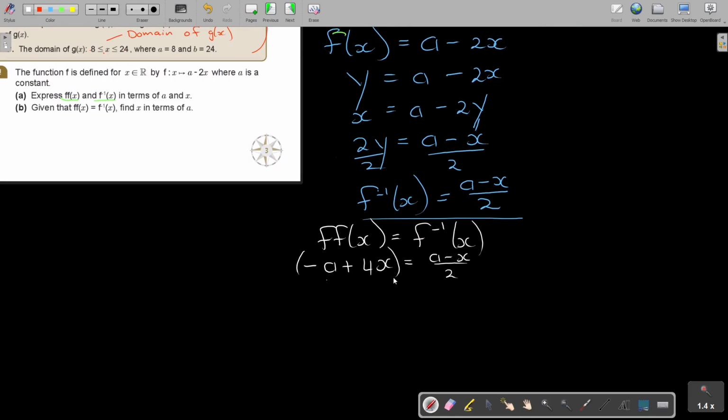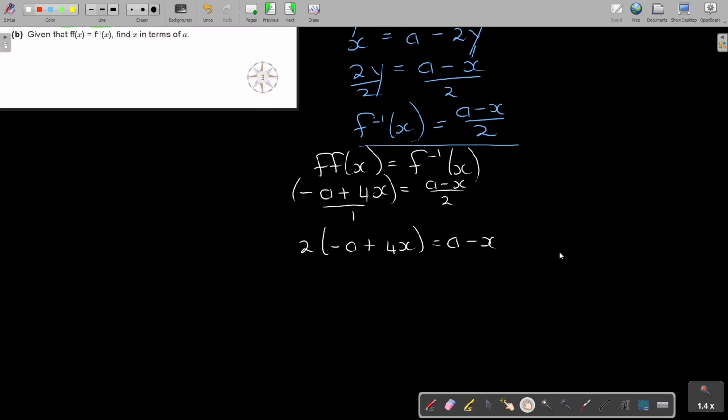So put this over 1 and cross multiply. So I will have 2 times (negative a plus 4x), and that's a minus x. And now just remember, I'm looking for x in terms of a. So it's negative 2a plus 8x equals a minus x.